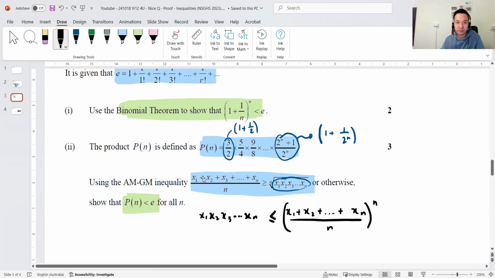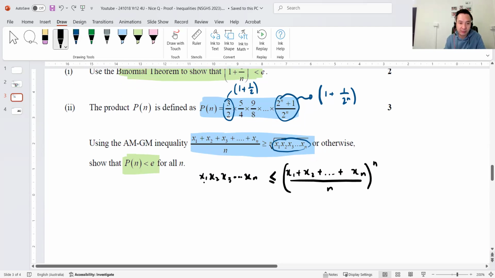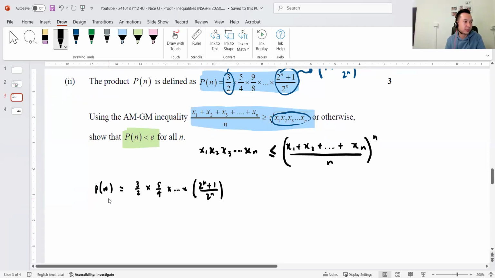So for example, I know that Pn currently equals 3 on 2 times 5 on 4 times all the way to 2n plus 1 on 2n. Now I'm going to put this into the inequality, less than or equal to this guy.